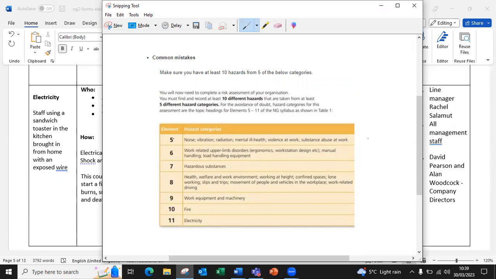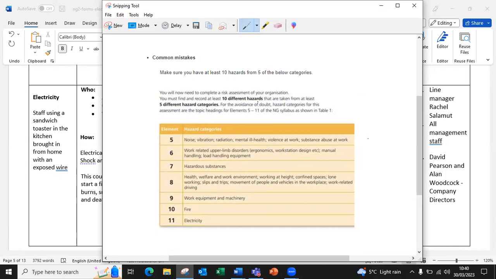So on the second week of the course, those are your hazard categories. It would be 10 of these from a minimum of 5 elements. They confuse it by labeling in the way that they do. But if you read here, look, for avoidance of doubt, hazard categories for the assessment are the topic headings for elements 5 to 11. So it clearly says it there.